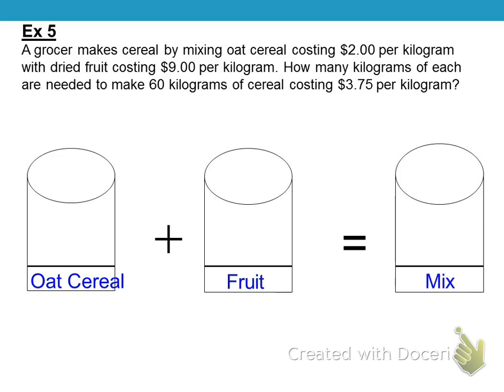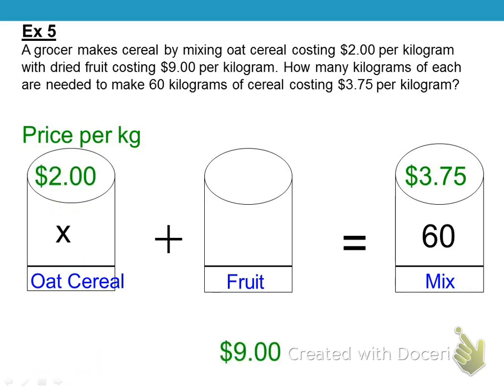Now, let's just start writing out the things that we know. What do we know about the oat cereal? $2. It's gonna cost $2, right? I'm gonna plug everything in and then we'll talk about it.